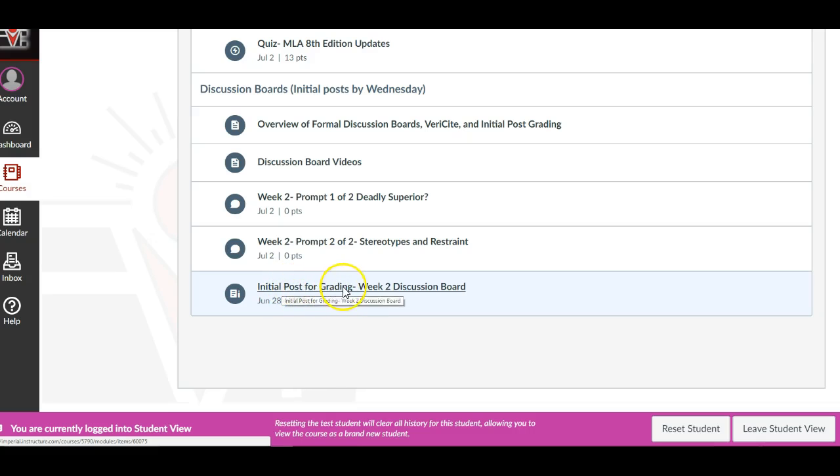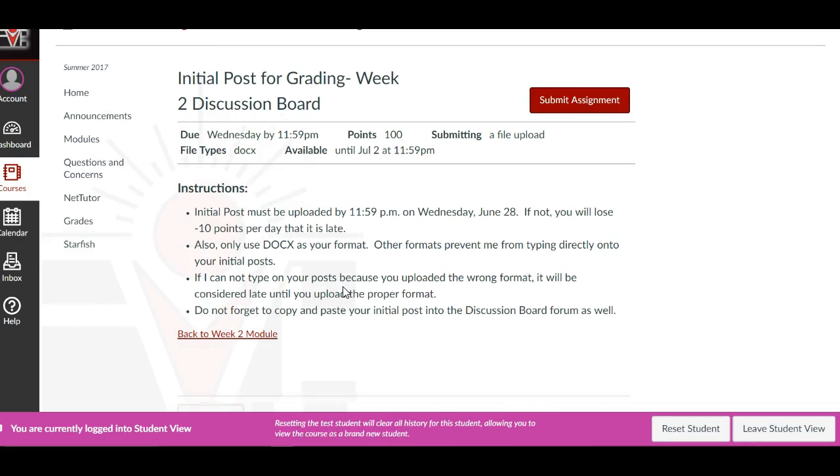Initial post for grading. If you click here, the instructions are clear. Your initial post for the discussion board will always go in 2 places. 1, it'll go into the discussion board forum as a thread, copy and paste it. And then 2, you have to submit your initial post for grading right here.